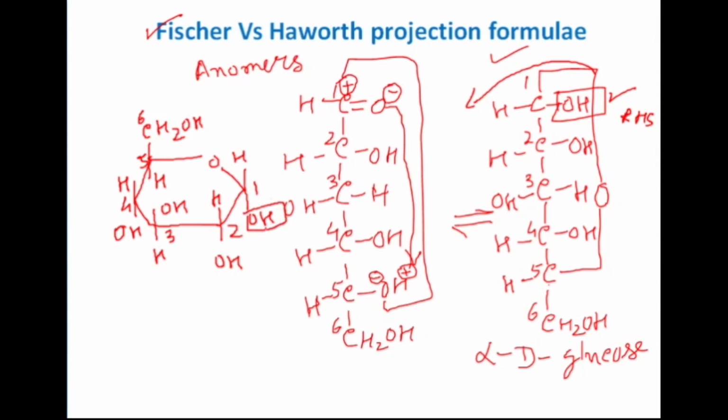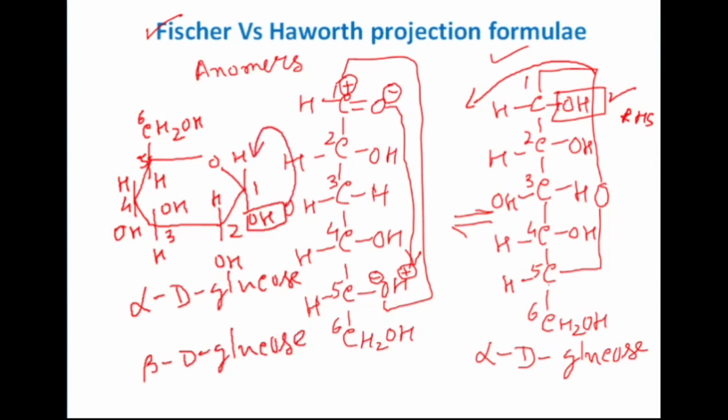So if the OH group is on the right hand side, it automatically becomes alpha D glucose, and if you want to draw beta D glucose, then you need to draw this OH group at the top and put the hydrogen at the bottom. This structure is simple, and when we start with disaccharides, it will help us understand how glycosidic bonds are formed.